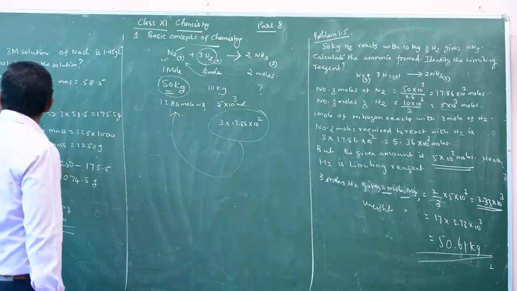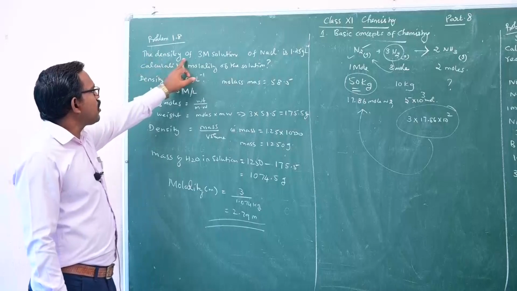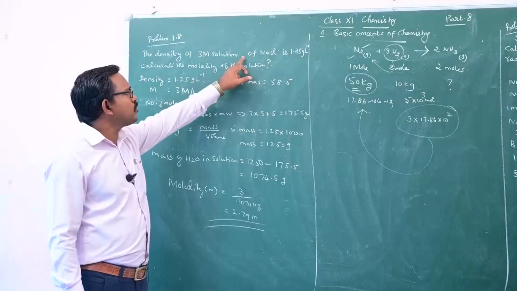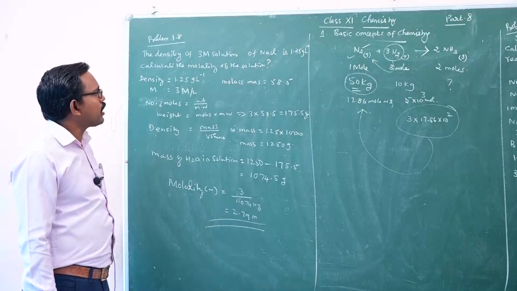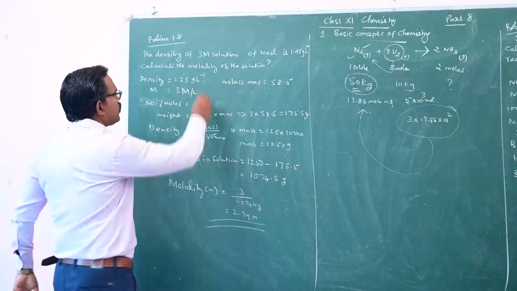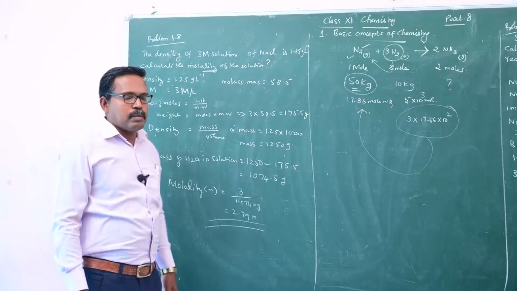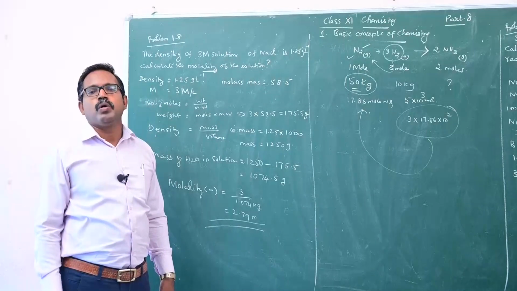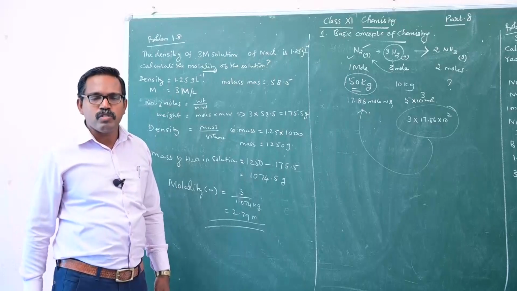Last, only one question, problem 1.8. The density of a 3 molar solution of sodium chloride is 1.25 gram per milliliter. Calculate the molality of the solution. How to calculate the molality? We must know the mass of the solute and the mass of the solvent.